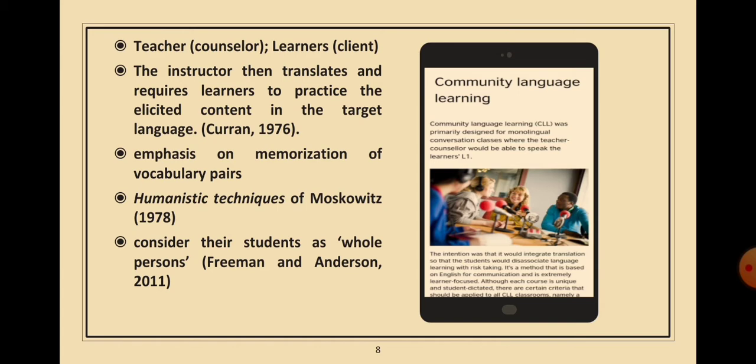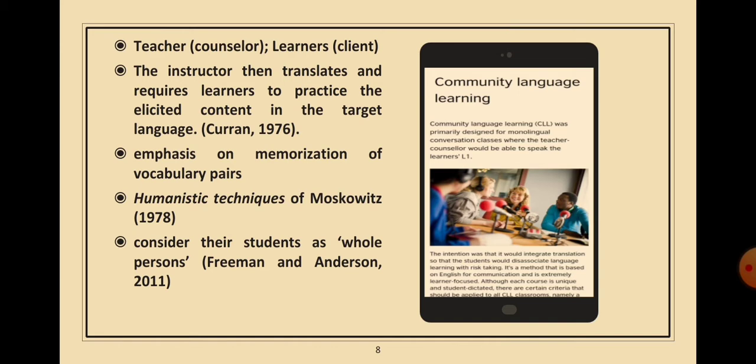Compared to the silent way method, which is independent learning, in this community language learning method, the students are very dependent because the whole conversation will be recorded and they will be provided materials for them to study. So there are vocabulary pairs, which refer to the translation of the native language into the target language, provided by the teacher.